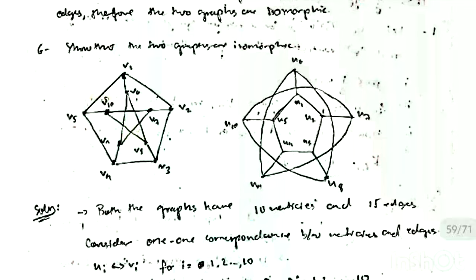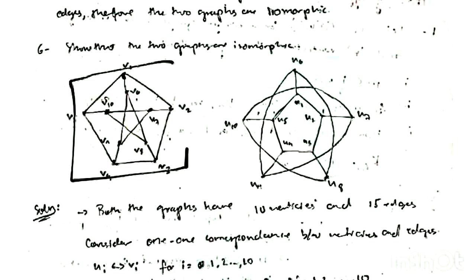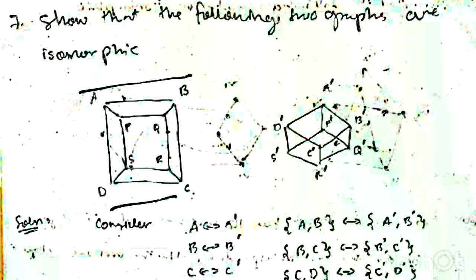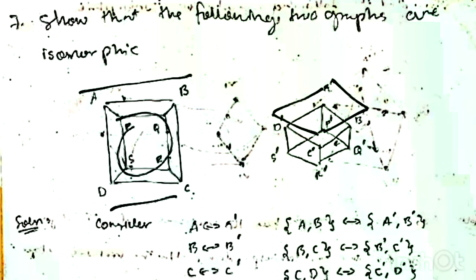This is the same graph which was in the previous question, and in this question also the correspondence between the vertices is u1 and v1, u2 and v2, and so on. In these two graphs, the upper part A, B, C, D is mentioned as A dash, B dash, C dash and D dash, and the lower part P, Q, R, S is mentioned as P dash, Q dash, R dash and S dash.